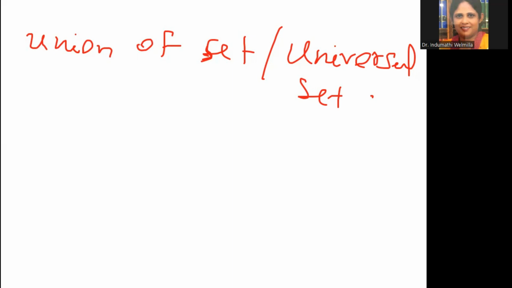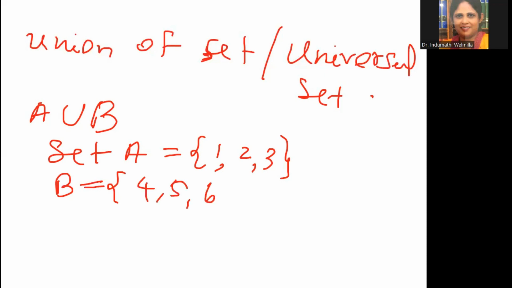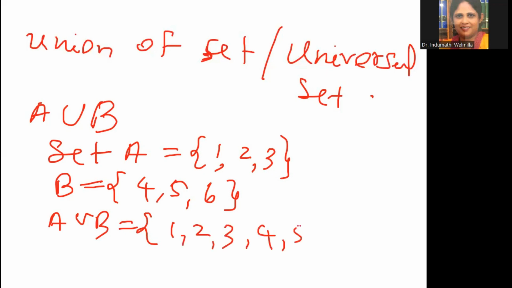It is denoted as A union B. An example: if set A equals 1, 2, 3, and set B equals 4, 5, 6, then A union B equals 1, 2, 3, 4, 5, 6.